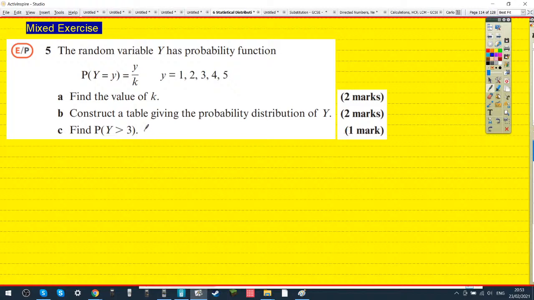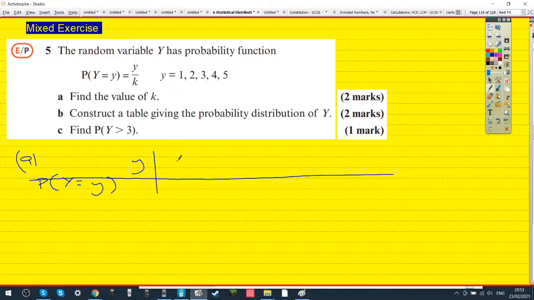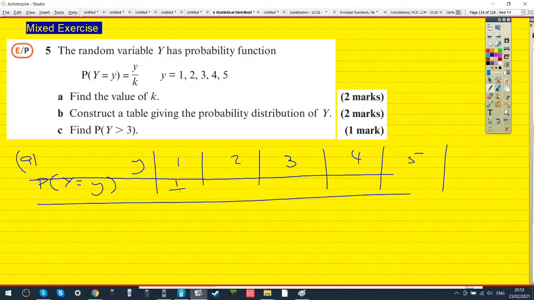I don't know how you'd find k. Make a table. So you have P(Y = y) on the bottom left, and y on the top you'd have 1, 2, 3, 4, and 5. The answer for the first one is 1 over k, and then it goes up: 2 over k, 3 over k, 4 over k, 5 over k.